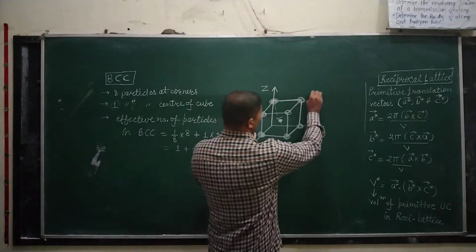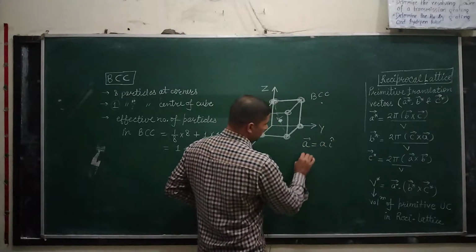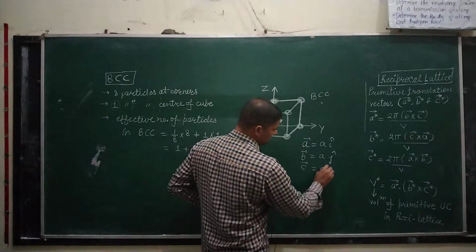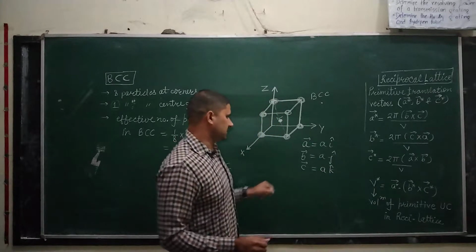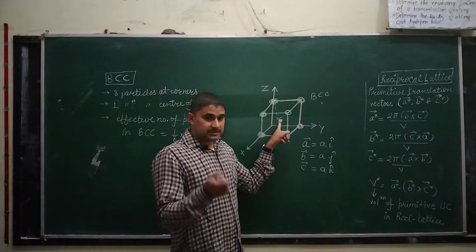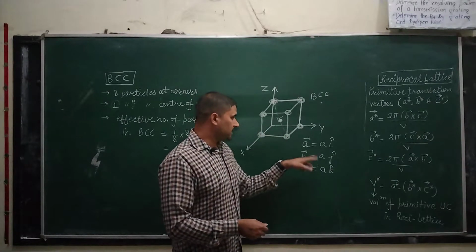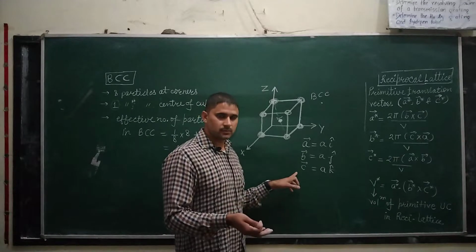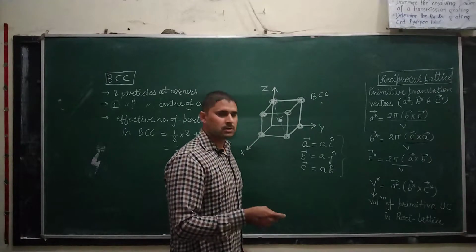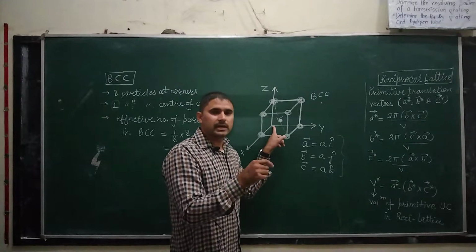So in case of BCC, if I take vector A to be a i and vector B to be a j and vector C to be a k, then you can see if you take a translation vector joining the central particle and the origin, that will be made up of vectors A, B and C. Okay, so you can say these vectors are not primitive because the translation vector for the body particle will not be independent.